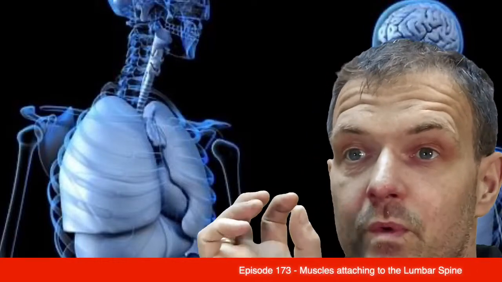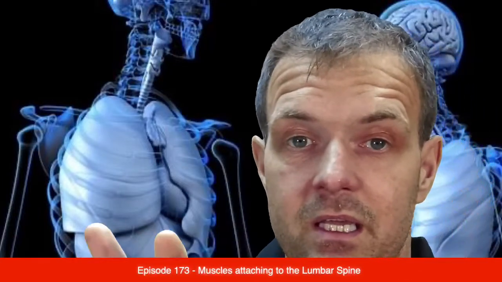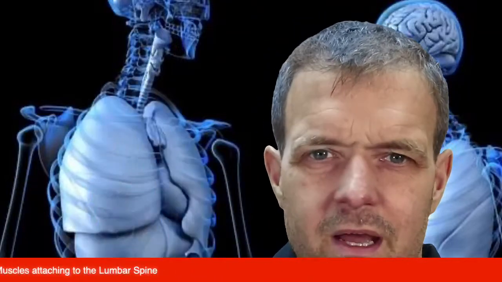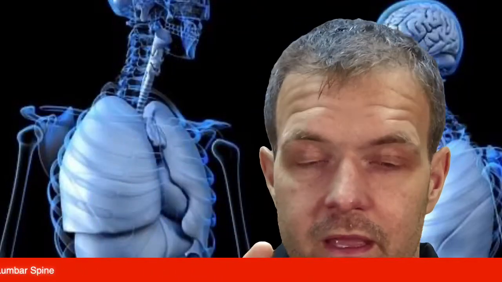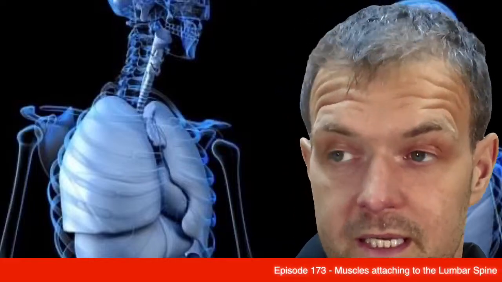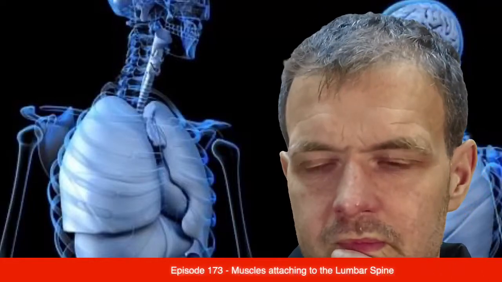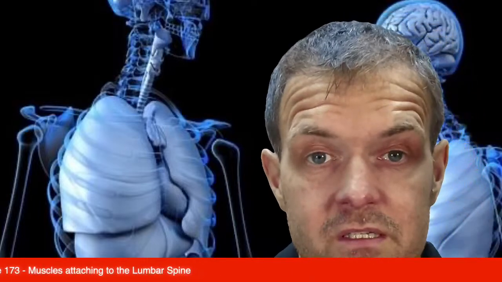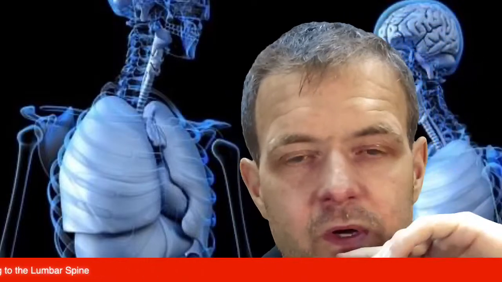Cool. So next week we'll have a look at the posterior muscles. We'll have a look at the small muscles that surround the spine, so the deep ones, and then the more superficial ones as well as we go through. Some of the muscles will be related to the shoulder region, because of the attachment points.